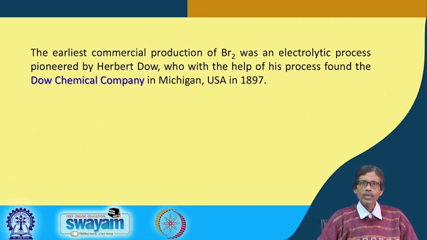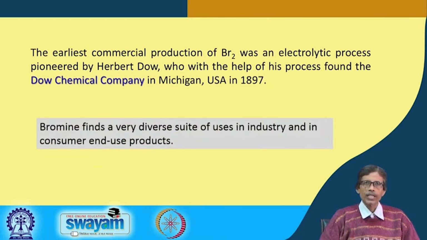So, always you see the purity will be higher if we can selectively make bromine through this electrochemical process, because the utilization of bromine is very diverse in nature, and bromine finds a very diverse suite of uses in industry and in consumer end-use products.